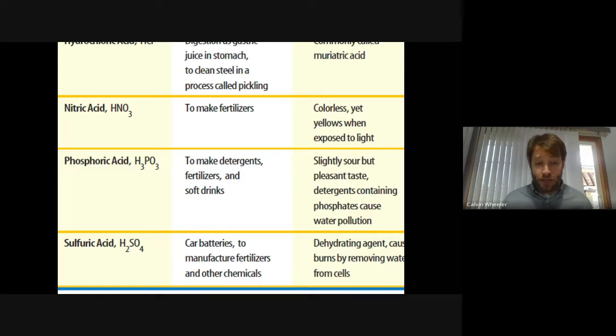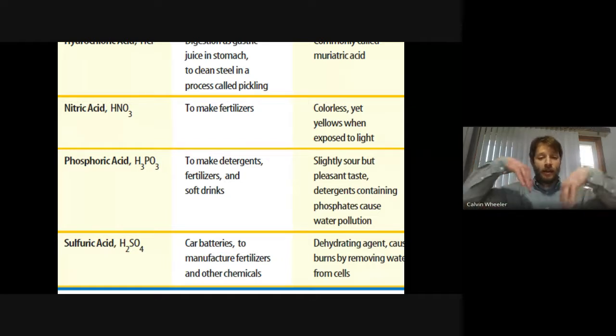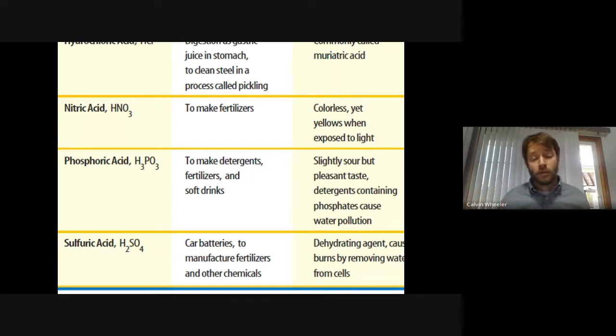The last one is sulfuric acid. Sulfuric acid is known as battery acid, and this is used in car batteries. In car batteries, it's a metal and plastic enclosure. It has sulfuric acid, and then it has these waffled panels of lead. The reaction between the lead and sulfuric acid is electrochemical in nature, which provides electricity for starting your car.